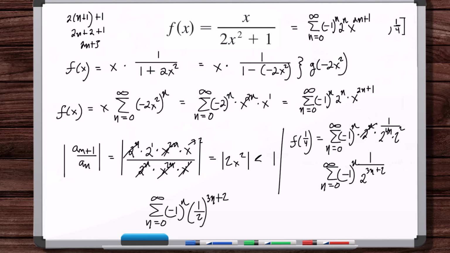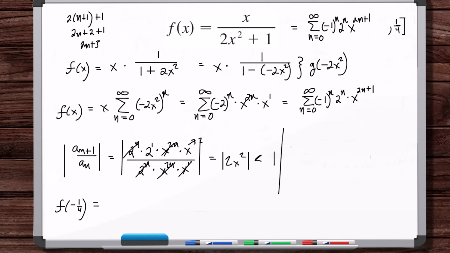All right. Now, what about at negative 1/4? Let's just come to the side and do this real quick. I want to make sure, okay. Let me check the positive 1/4 again. So 2 to the n times 1 over 4 to the 2n plus 1.